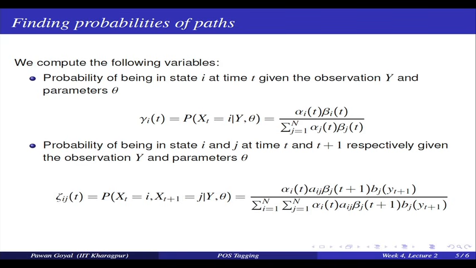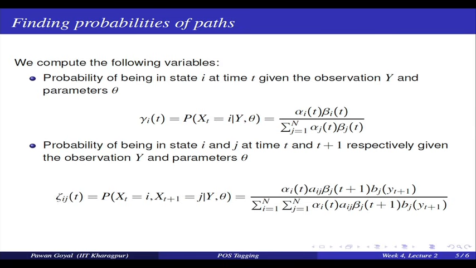Gamma_i(t) is written as the multiplication of alpha_i(t) and beta_i(t), divided by the summation over all possible j of alpha_j(t) and beta_j(t). So now, how do we actually come up with this equation of gamma_i(t) and zeta_ij(t)? Let us look at it.